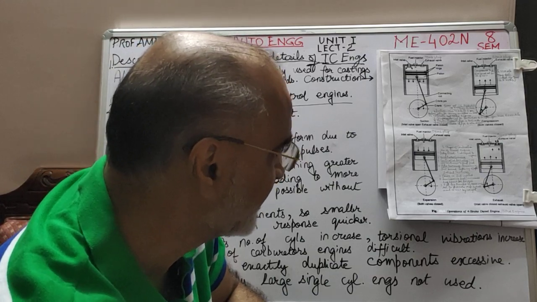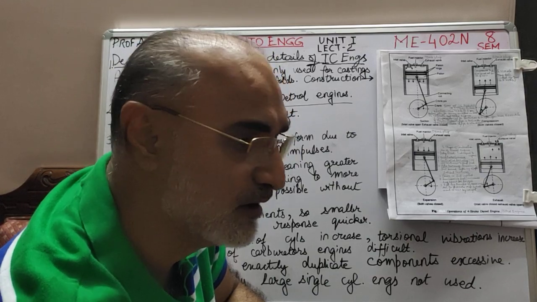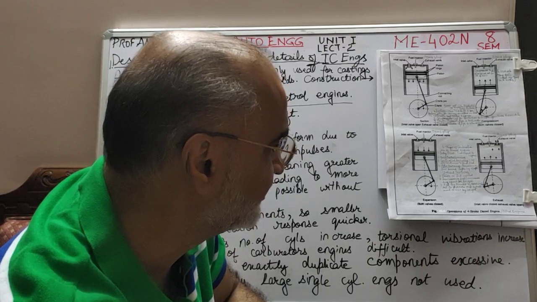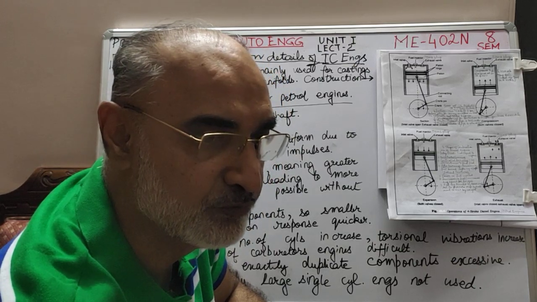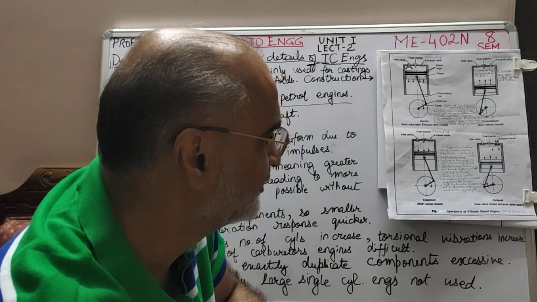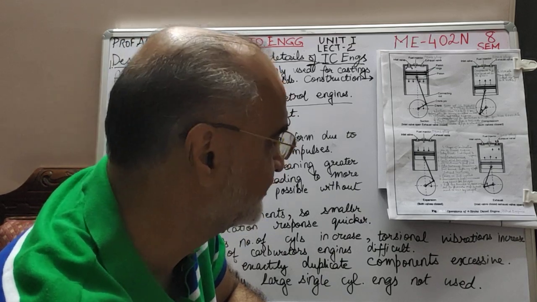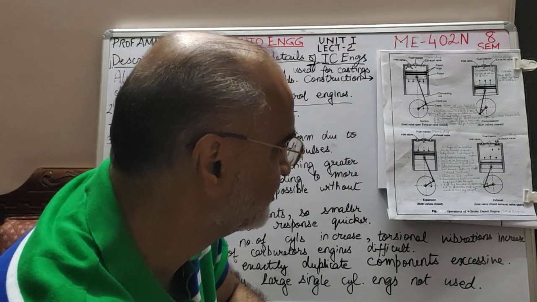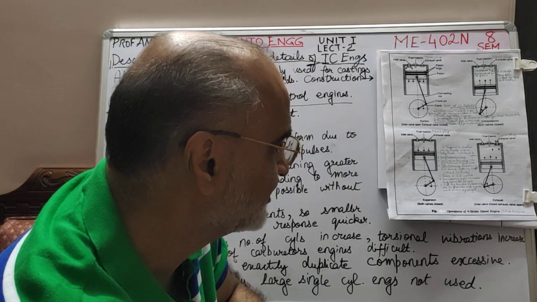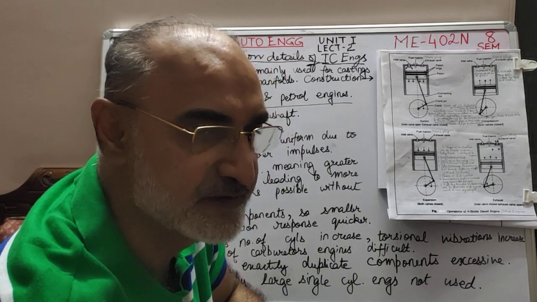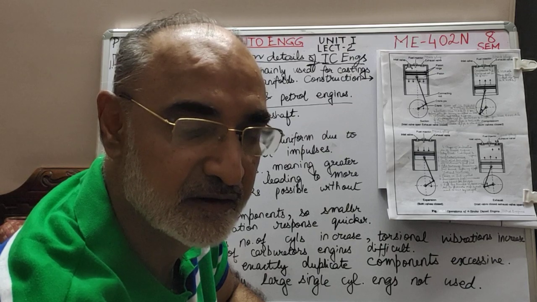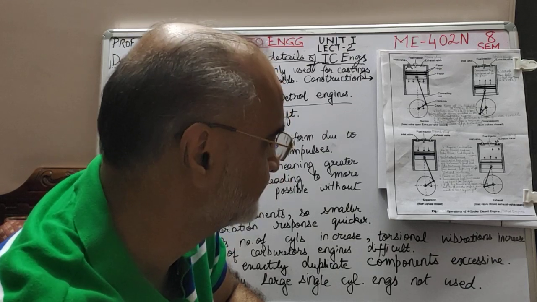The salient features are: the power in a diesel engine is directly proportional to the fuel injected. If you increase the fuel, the engine speed will increase. Engine speed increases means the torque will increase.